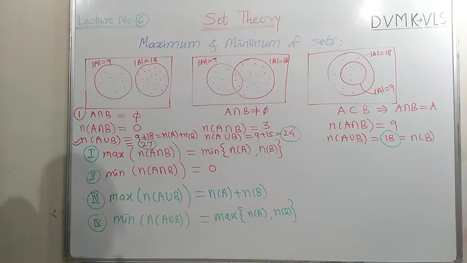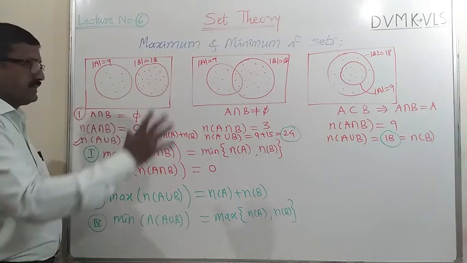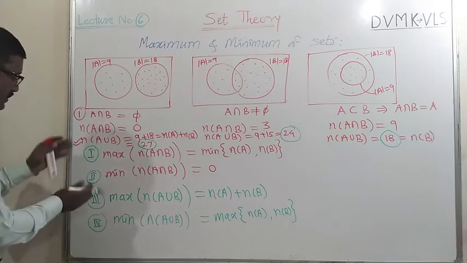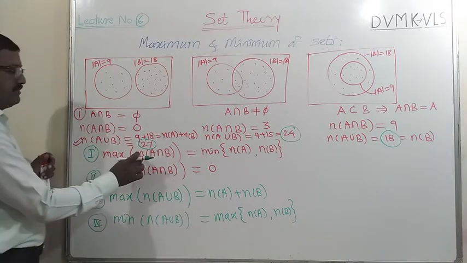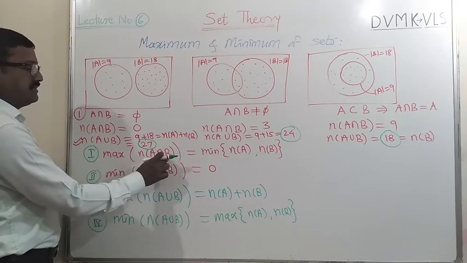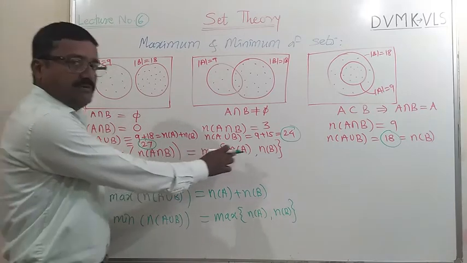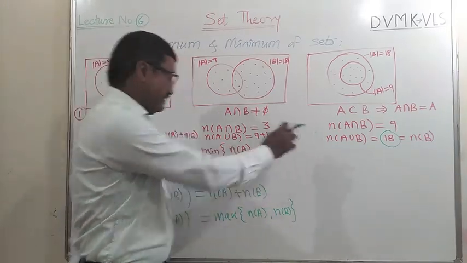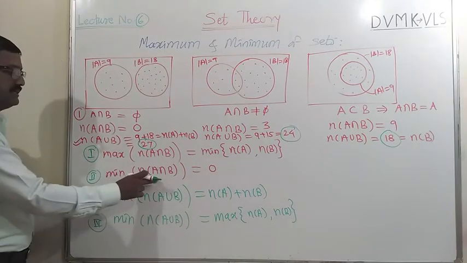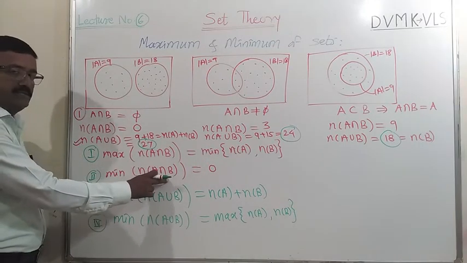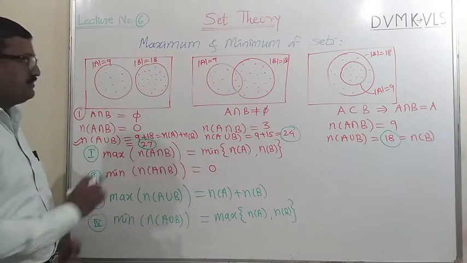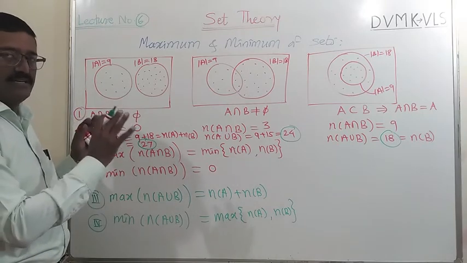In case there are three sets A, B, C, then we will use similar results. The maximum number of elements in A intersection B intersection C is equal to the minimum of NA, NB, NC. The minimum of A intersection B intersection C will obviously be 0, if all the three sets are disjoint.